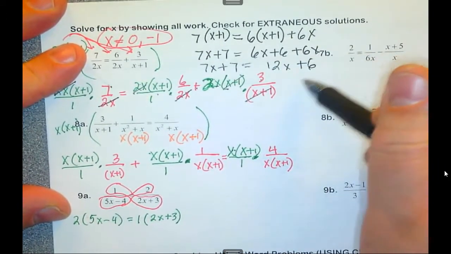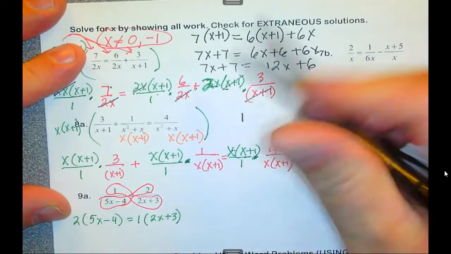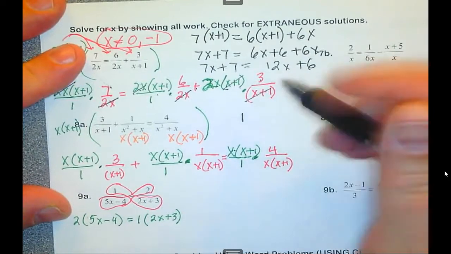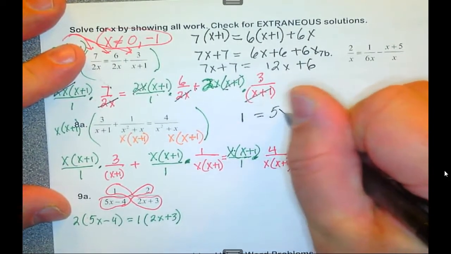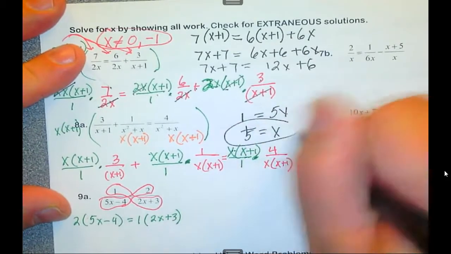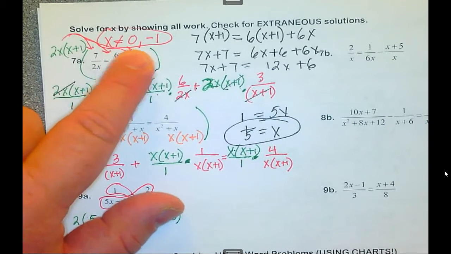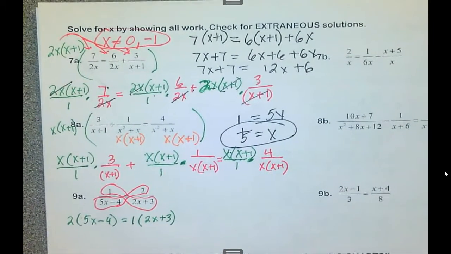I'm going to bring the 6 over here. That gives me 1. And minus the 7x over here gives me 5x. So 1/5 is going to equal x. And I'm good because it's not 0 or negative 1. That's my solution.